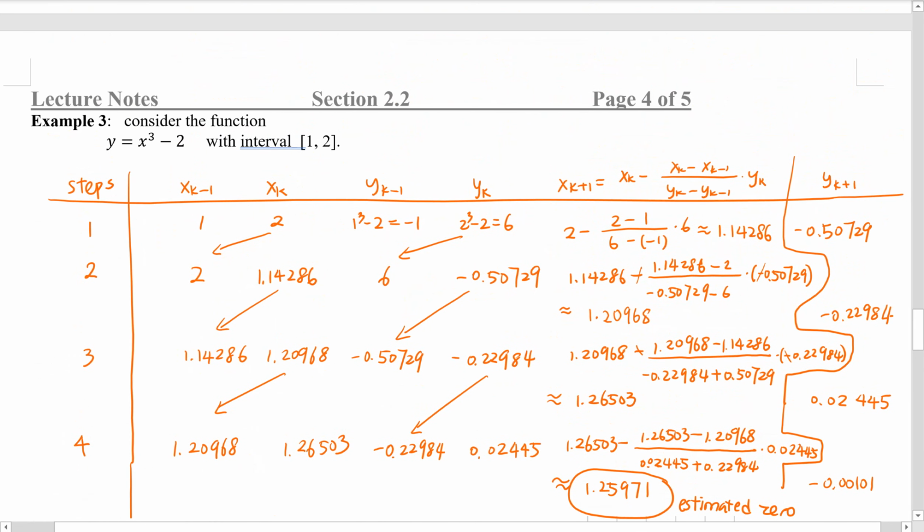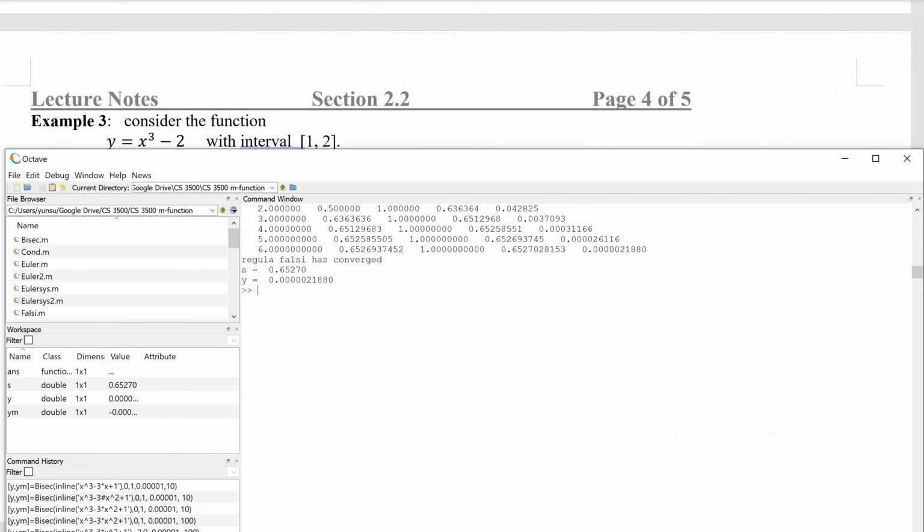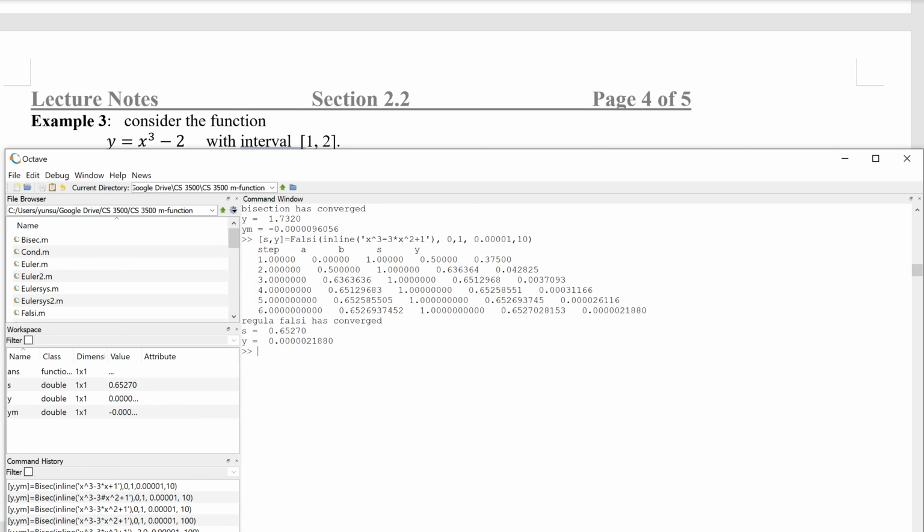Do you see here? I really hope that you can see it. The syntax is xx, yy equals secant, and we have the inline function x cubed minus 2 from 1 to 2, with tolerance 0.00001. Let's do 10 steps.